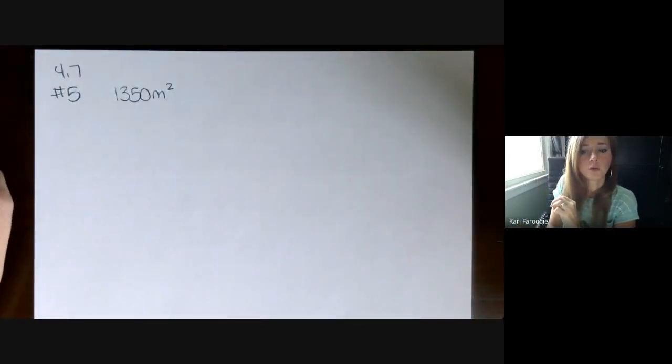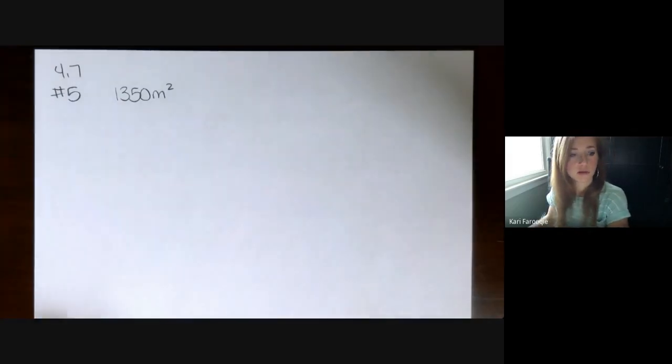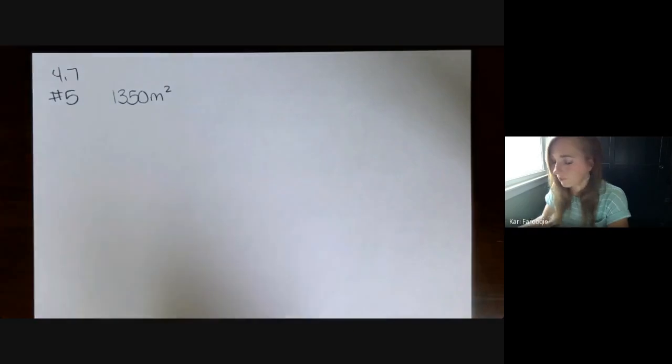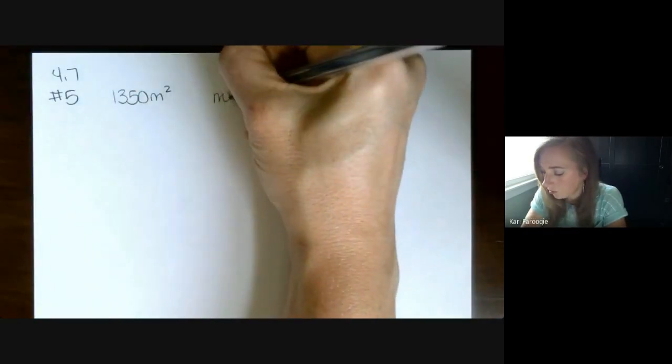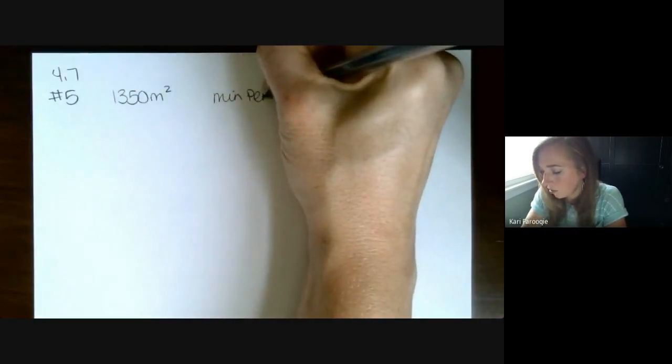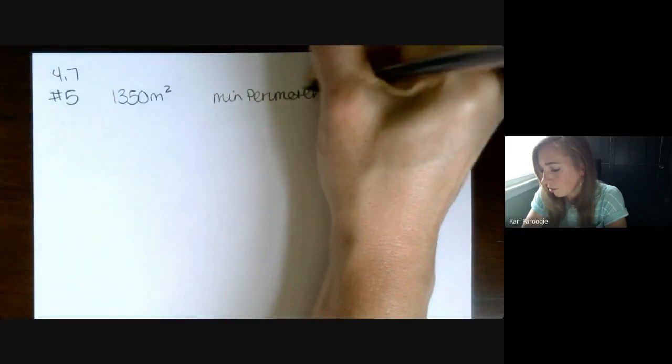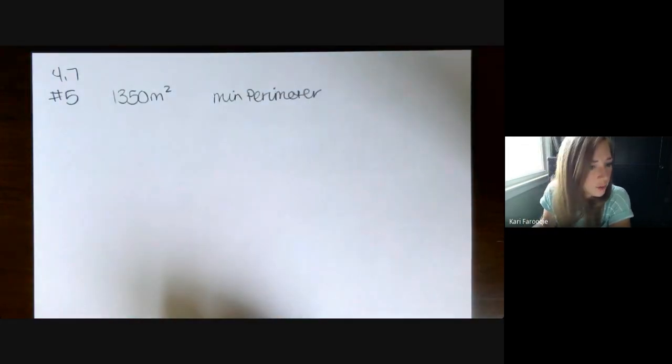What are the dimensions of the rectangular plot that require the least amount of fencing? Okay, so we want to minimize the perimeter, but no matter what, the area is going to be 1350.